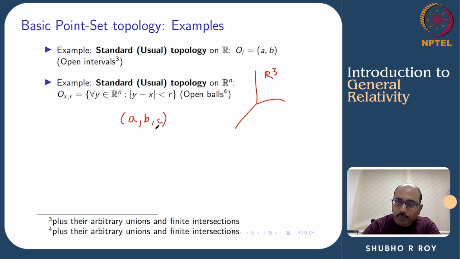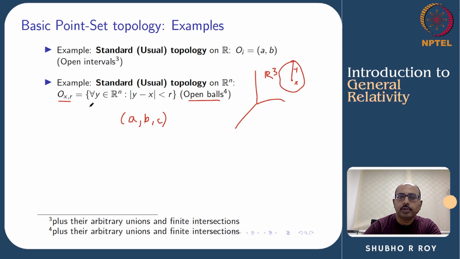Now we can give a topology on this set by specifying certain open sets. And just like in the real line, we had open intervals, the way we will give open sets of R3 is via something called an open ball, O of x comma r. That means, let's draw around this point little x a sphere of radius r.